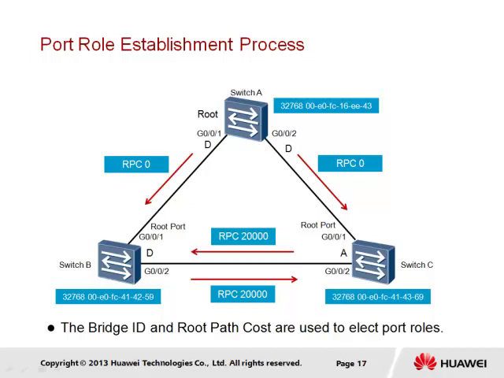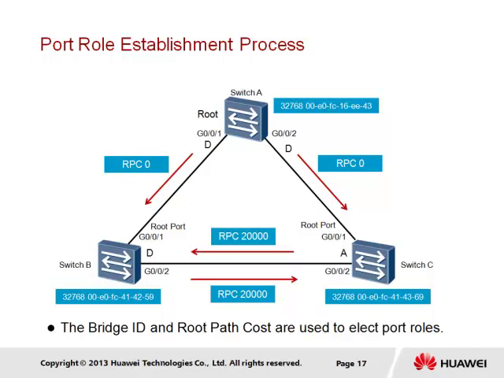The path directly to switch A is represented by a root path cost of 0, but when added to the path cost of interface gigabit Ethernet 0/0/1, which based on the default 802.1 standard will carry a path cost of 20,000, will assume a root path cost of 20,000 via this path.